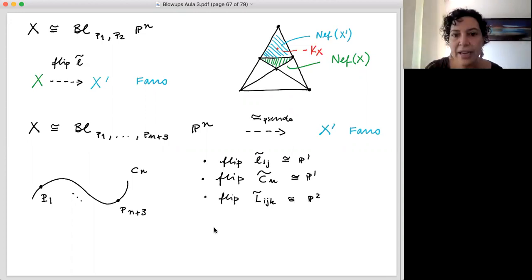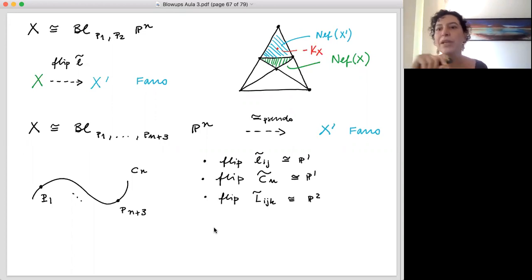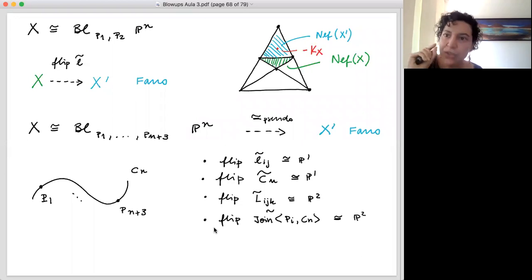Now, for any choice of 3 points Pi, Pj, Pk, I have a P^2 spanned by these 3 points, and again I can flip this P^2. So I flip all these P^2s, and then there are some new P^2s that we don't see at first. For every choice of one of the points, I can look at the singular cone obtained by the join of this fixed point and the rational normal curve C_n.